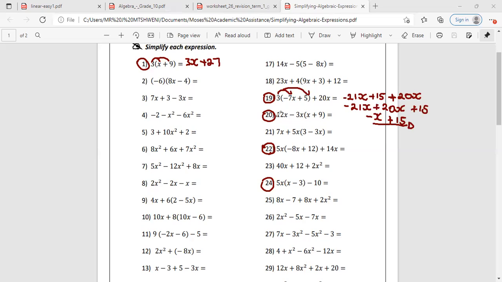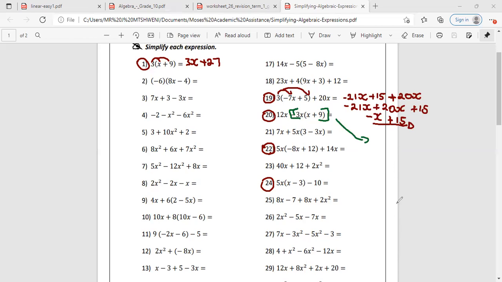Okay, then we come to number 20. I'll use a different highlighter. I'll write it here. Firstly, this is a product. So I cannot say 12x minus 3x, because negative 3x is a product on its own.